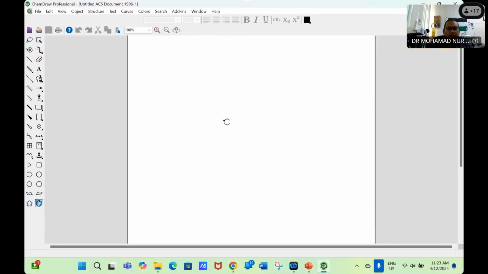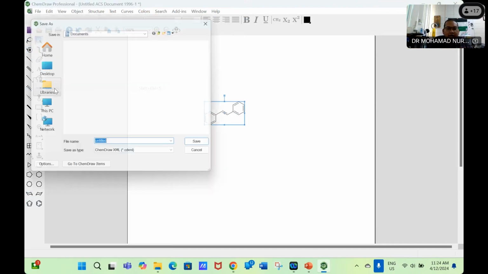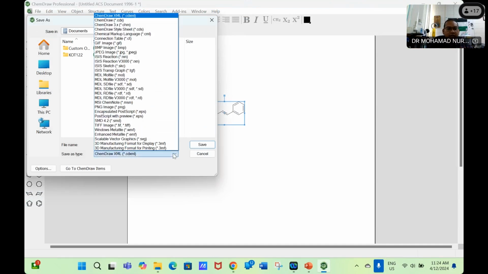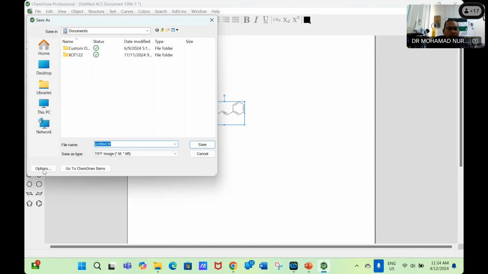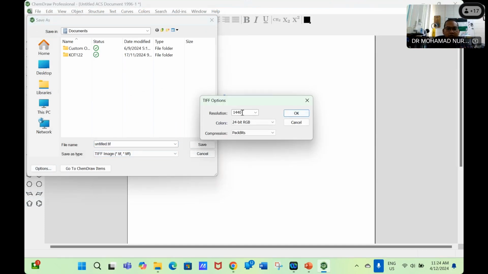For example, I try to draw a structure. Highlight this one, go to File, Save As, TIFF image. You can check the options again. The resolution is 1400, this is the highest one.